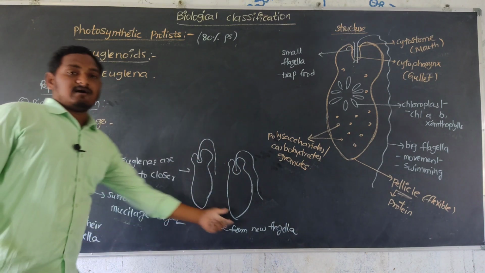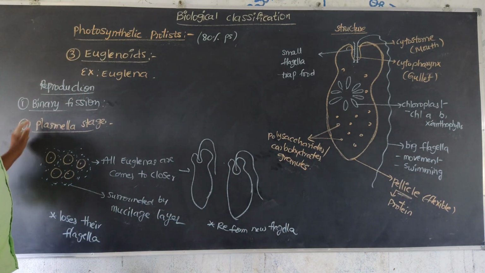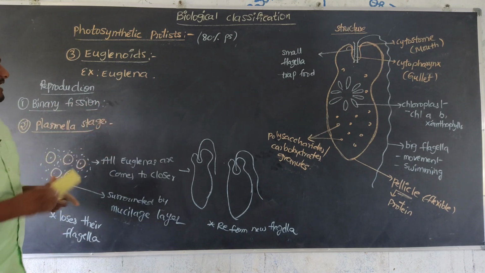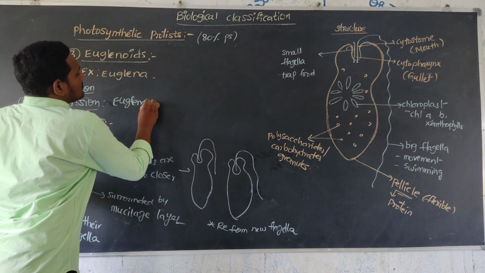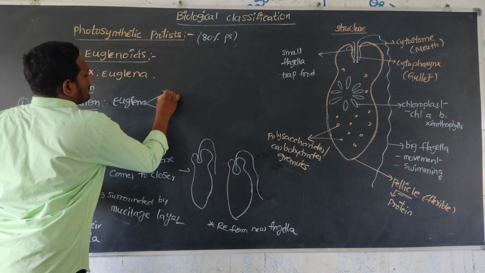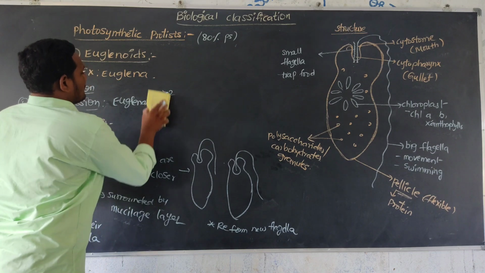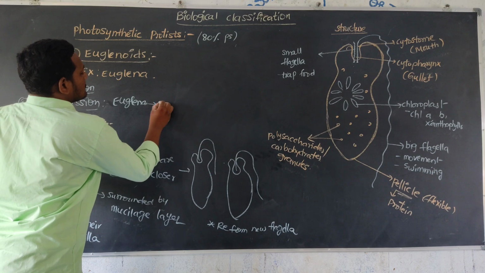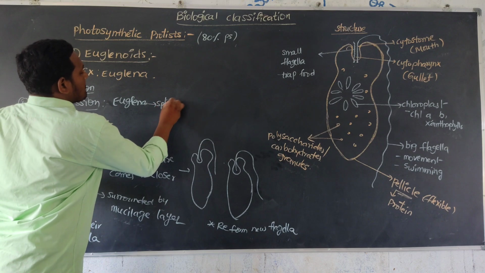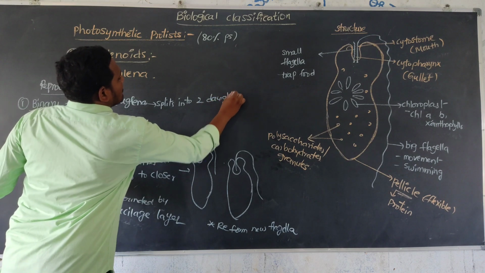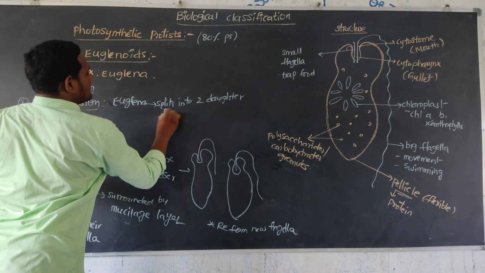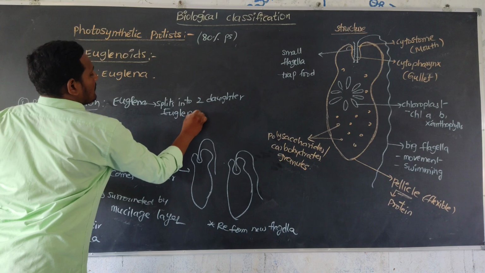These are daughter organisms. One is binary fission, where one Euglena splits into two daughter Euglenas.